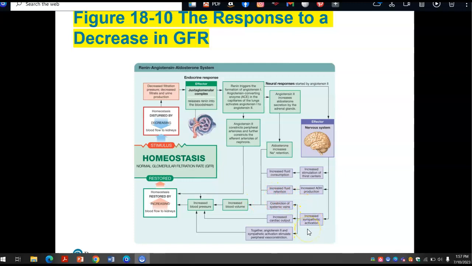Increased sympathetic nervous system activity. That would be the hormones epinephrine and norepinephrine. They're going to cause constriction of systemic veins, increased cardiac output. All of that is going to stimulate vasoconstriction. Peripheral vasoconstriction just means blood vessel constriction in general, not just to the kidney, okay?